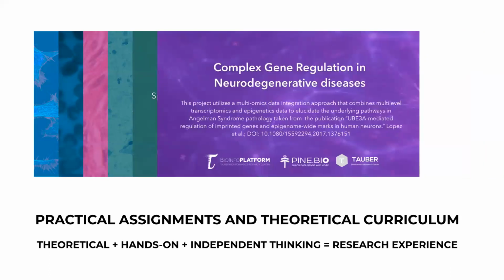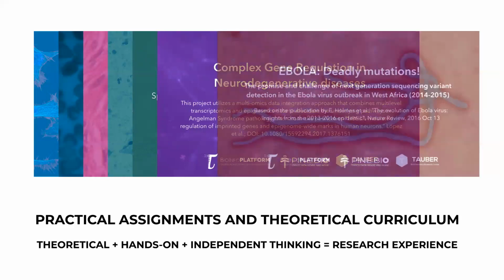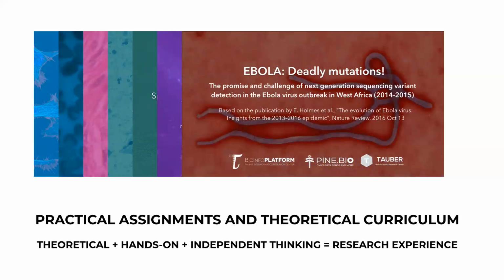We have projects related to neurodegenerative diseases, projects related to Ebola and viral infectious diseases, where we can use machine learning and data science to understand what drives the spread of these different pandemic or epidemic infectious diseases.